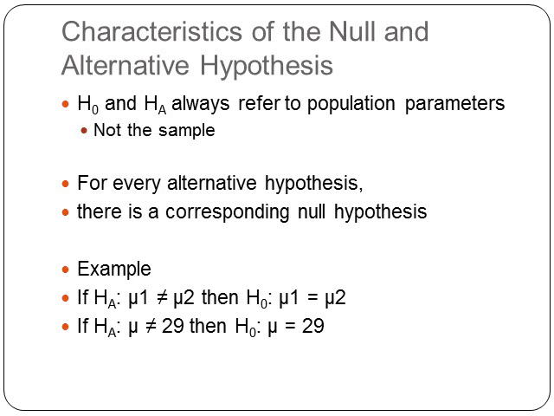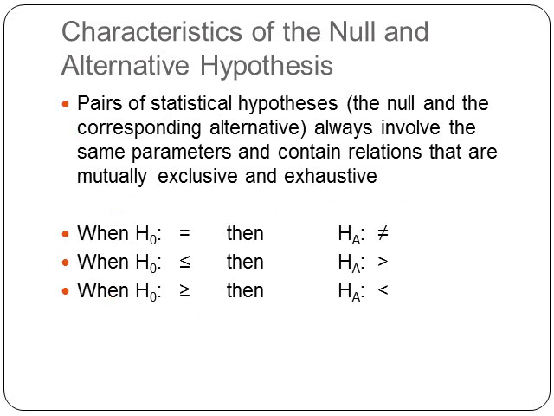Or if we say mu1 is not equal to 29, maybe a value that we've seen before in a population or a test score average for a group we care about, the null would be mu equals 29. So the alternative will be mu not equal to 29, and then the null will be that it is equal to 29.